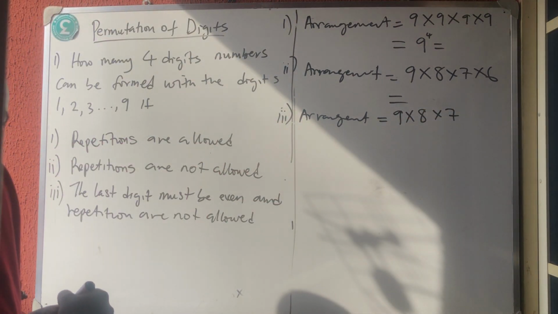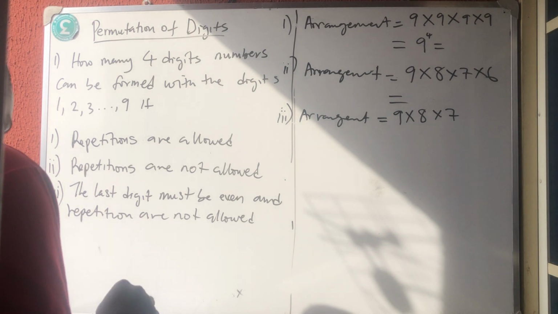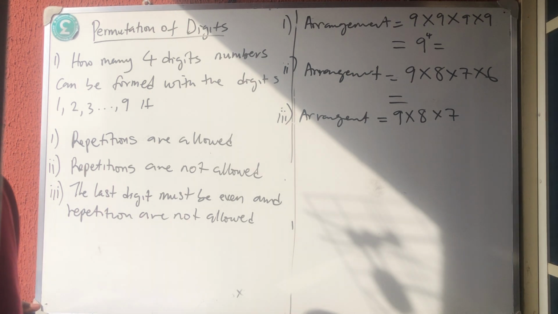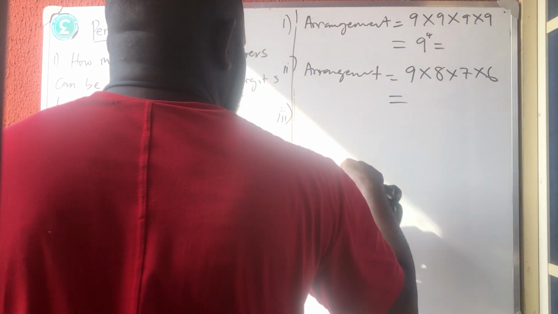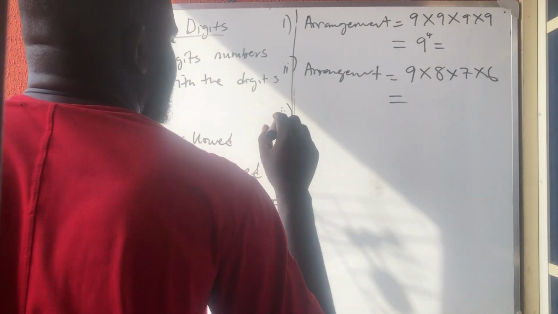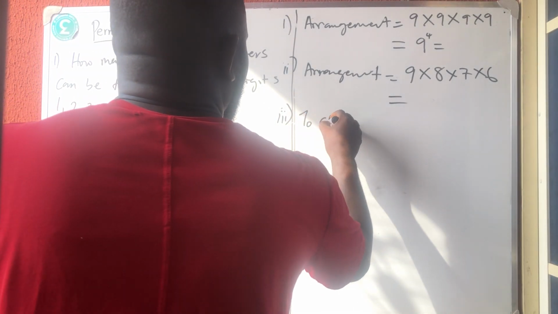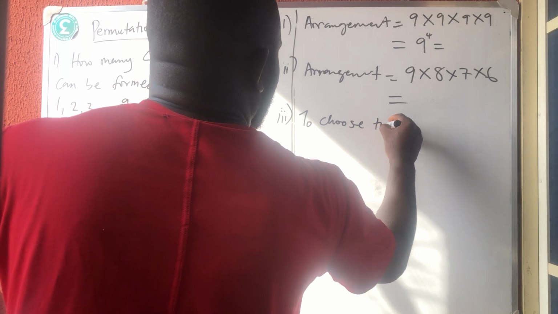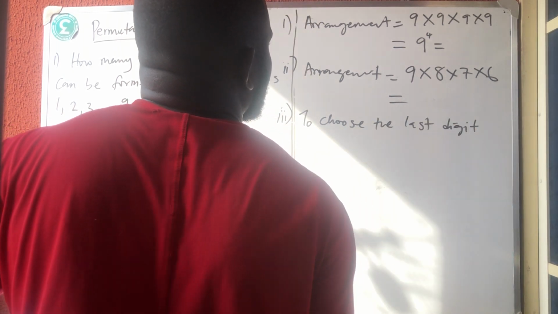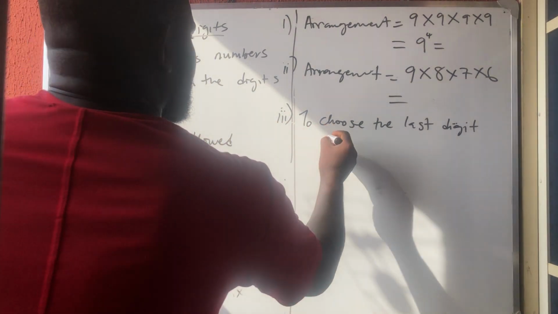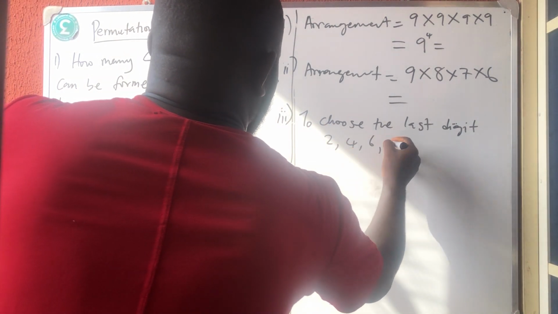Then they say that the last digit must be even. So, sorry, if the last digit must be even, let us choose the last digit first. To choose the last digit, I can only use 2, 4, 6, 8.